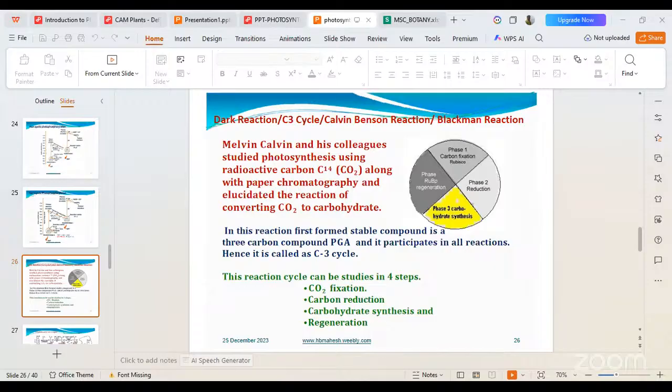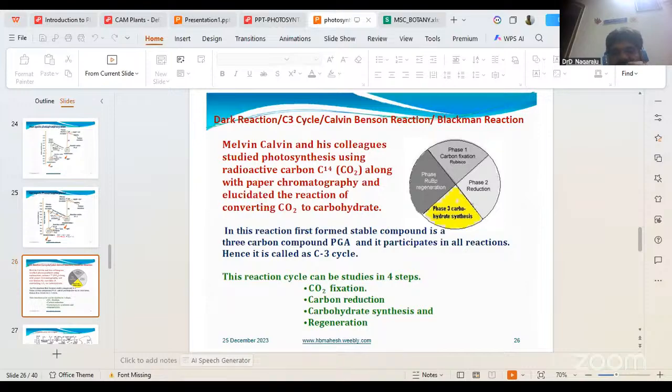The second reaction is carboxylation, and the third one is the reduction reaction. Reduction is taking place here: NADPH into NADP, hydrogen molecules losing. That's why it is a reduction reaction. And again, regeneration of RuBP.